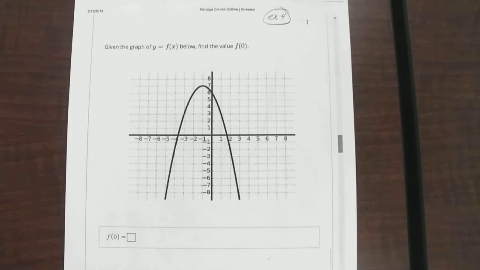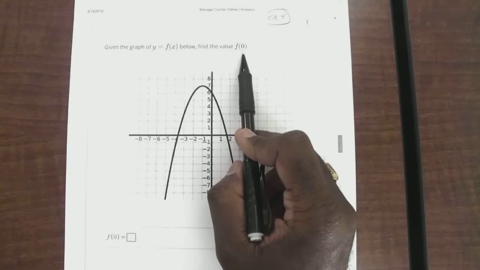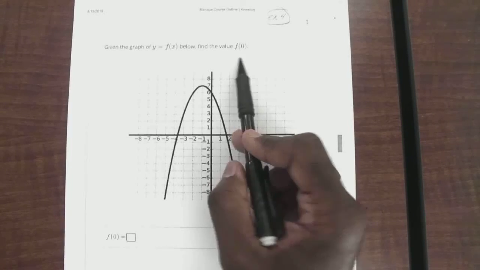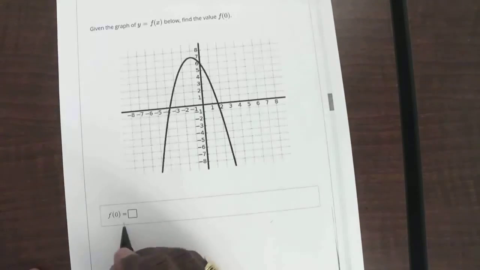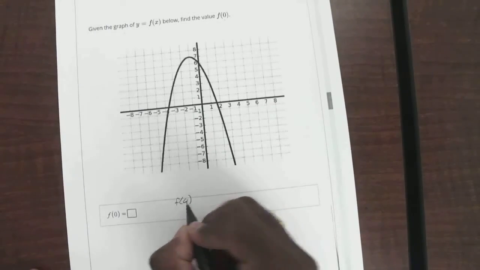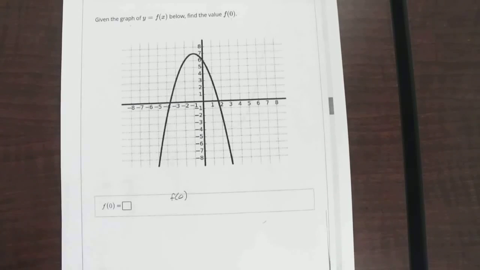Say find f of 0. Okay, so what would be your f of 0? 6. Yep, it would be 6. Remember, whenever it's inside the parentheses, they want to know what x value crosses the graph. So you always want to look at whether it's on the inside or the outside. So f of 0 just means where does it cross the graph at x equals 0?